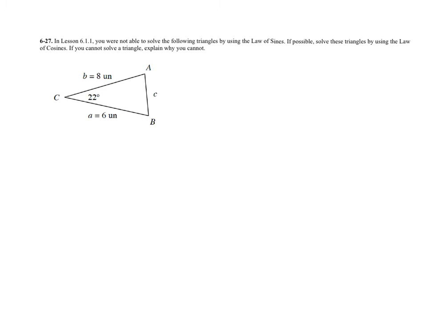So if we have triangle ABC, with the side opposite angle A, the side opposite angle B, and the side opposite angle C, and I am looking for side C, I have to take a look at what information is given. And the information given is a side, angle, side situation. So I'm going to use law of cosines.